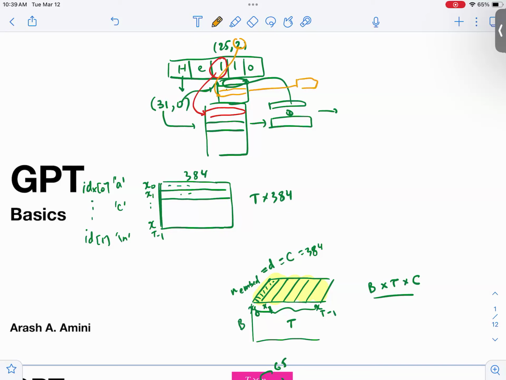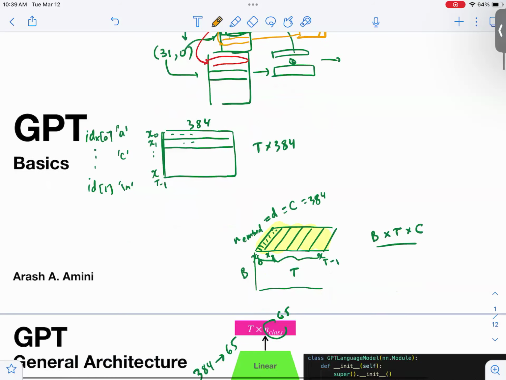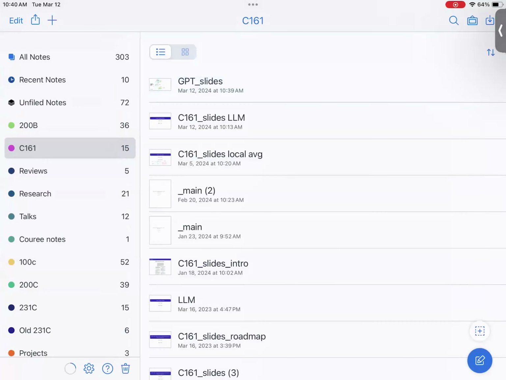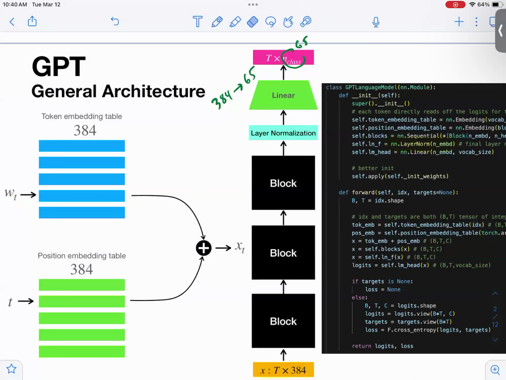And pick that. So I'm going to add these two together. A position is just an index. So every word has a content and a position, T. That T is going to go into the corresponding embedding table. So we embed the position and the word.